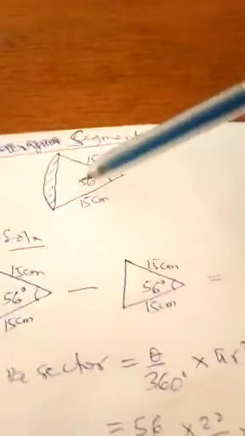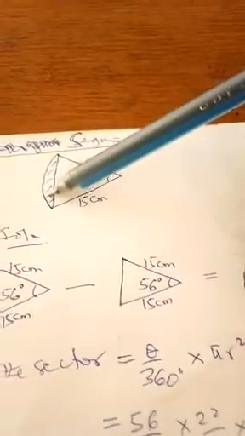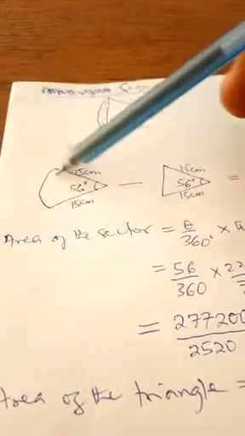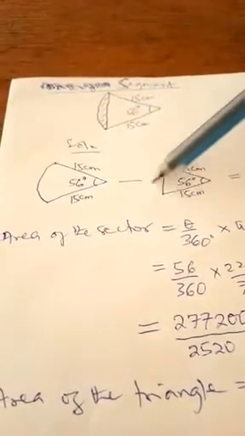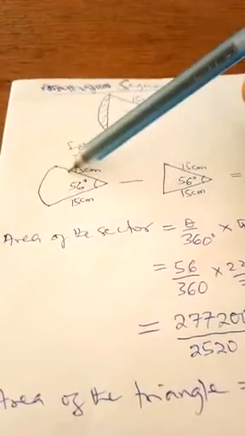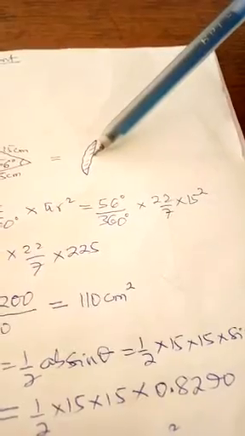For example, in this first diagram, if I want the area of this shaded part, I have to consider my sector, these two radii and this arc. Then I'll remove the triangle from the sector. When you remove your triangle from this sector, you will have this shaded part, which is your segment.